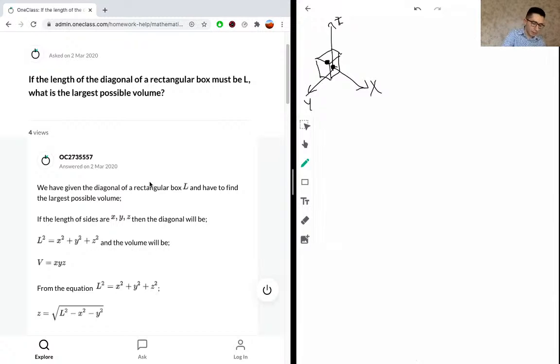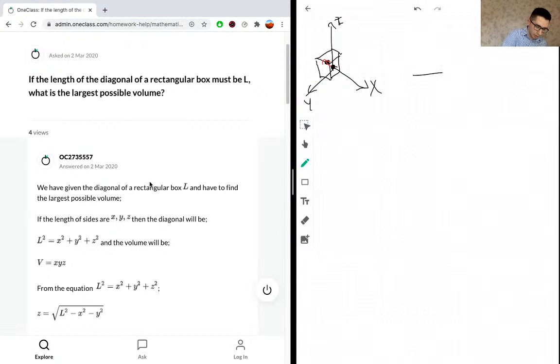It would be coming out of the page here, and I'll make this in red, from the origin to this point.